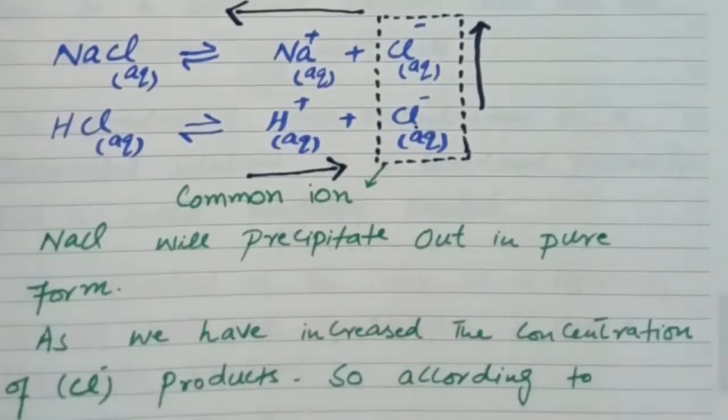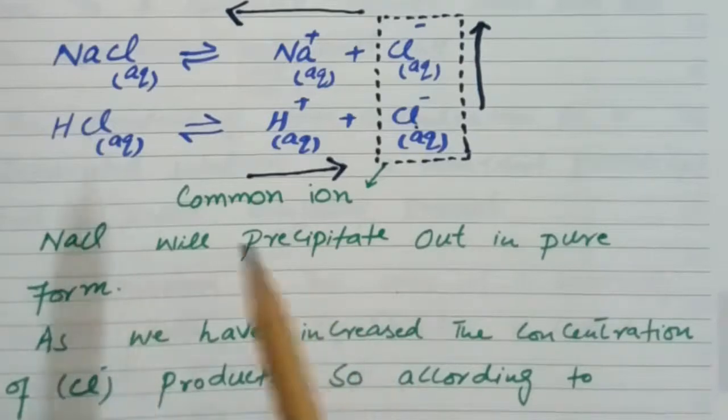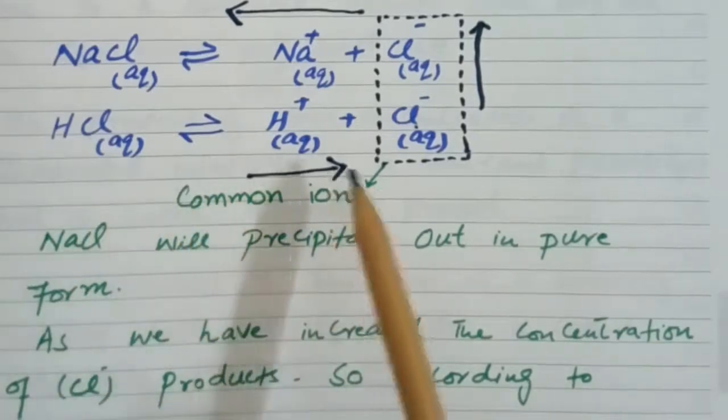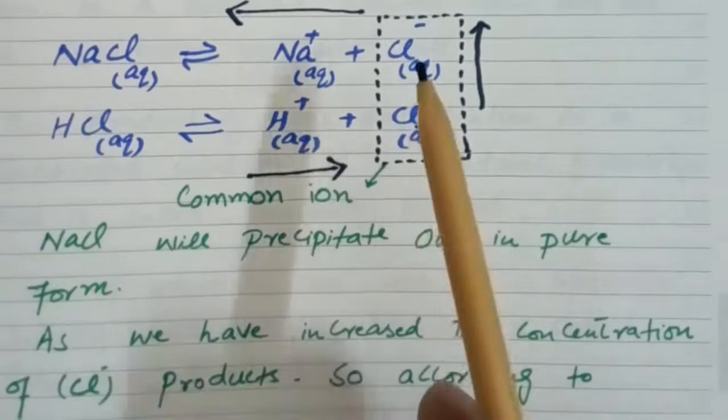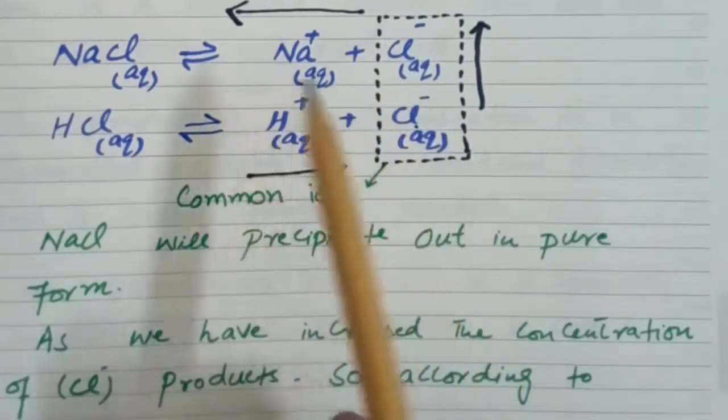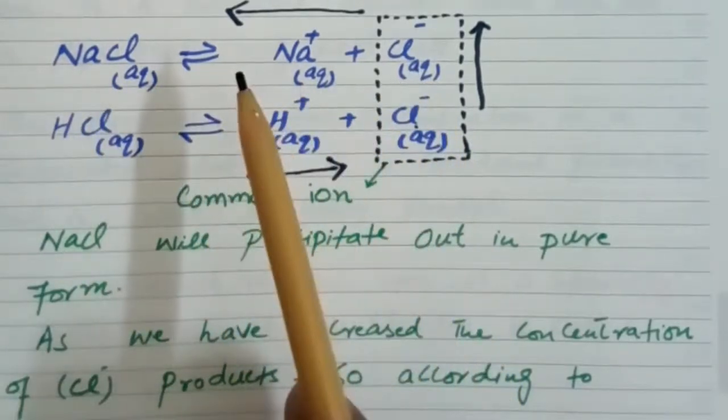Now, all the cases discussed in the common ion effect follow Le Chatelier's principle, because Le Chatelier's principle says that whenever a system at equilibrium is disturbed, it will tend to move in such a direction as to minimize the effect of the change which has been brought. In this reaction, HCl adds chloride ions, so the equilibrium of sodium chloride is disturbed.